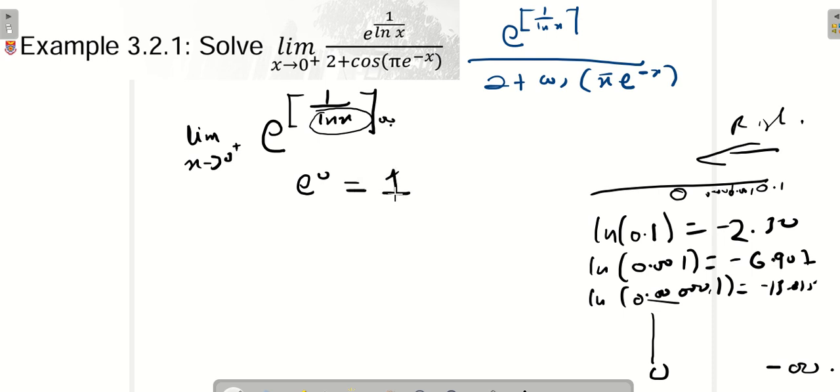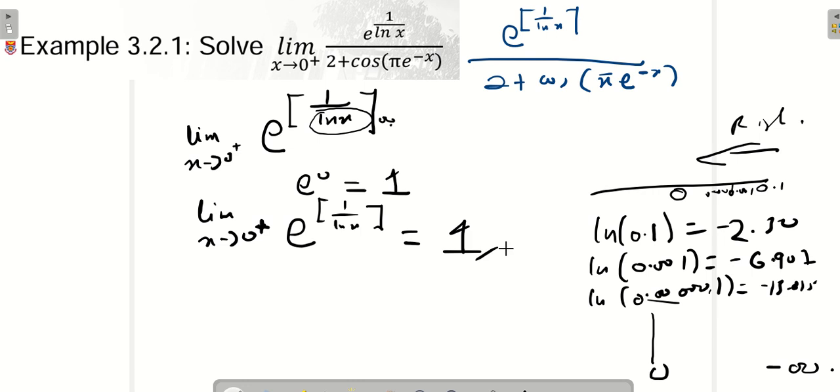Any number exponent 0 is 1. So the whole expression for the top will be 1. So the limit as x is approaching 0 from the right of e to the power 1 on ln x will be 1.